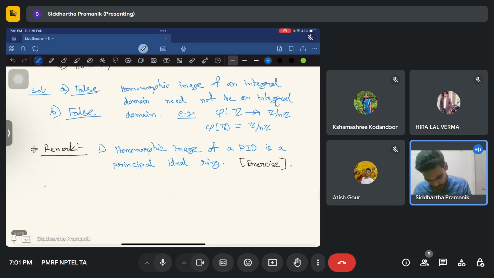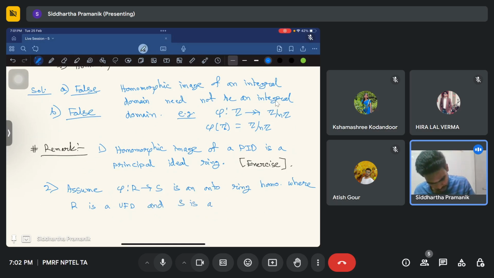Assume phi from R to S is an onto ring homomorphism, where R is a UFD and S is an integral domain.